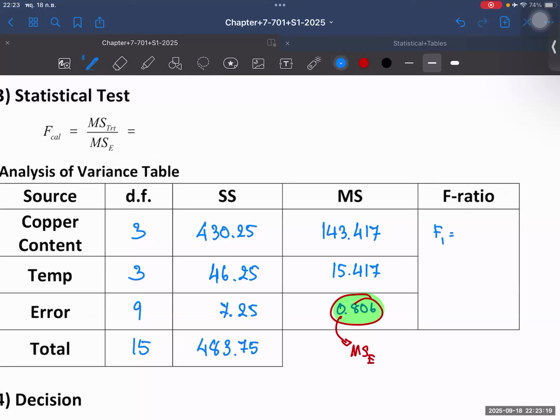F1 is equal to 177 and F2 is equal to, okay.